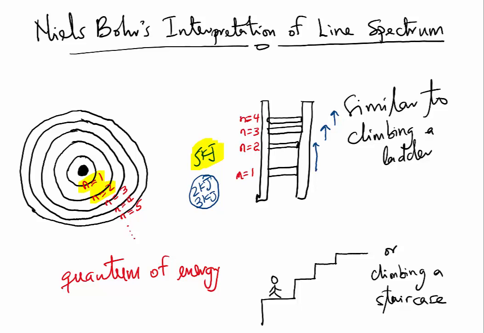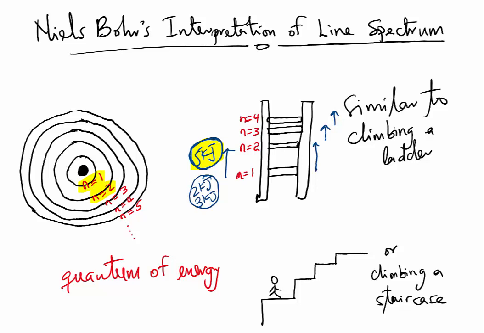The only way to make the electron jump from n equals 1 to n equals 2 will be to supply the 5 kilojoules as a packet at once. Otherwise, the electron will not move. This is what is called a packet of energy or a quantum of energy.